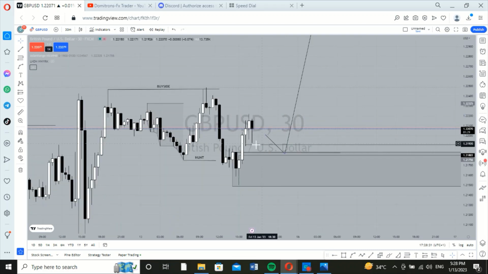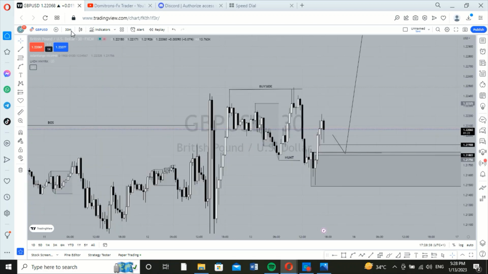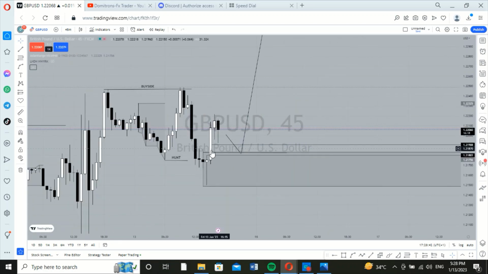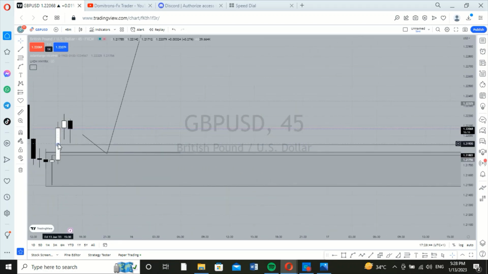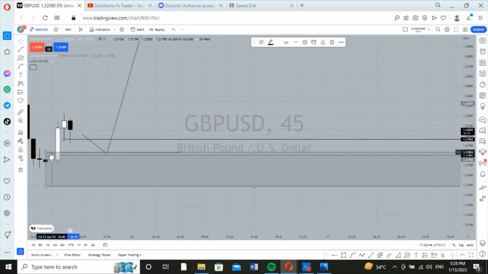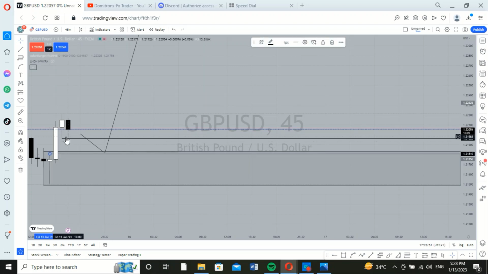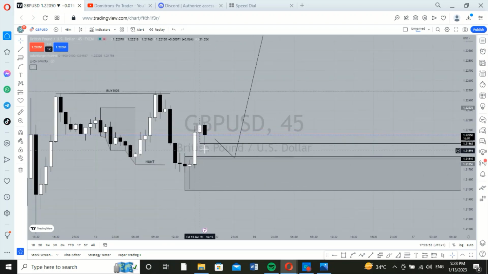So since we did not see the market get triggered or trade lower to this area to take out the sell side liquidity pool, I could ignore that and let it pass by, right? So right here, we would say it kind of trades into a fair value gap, right? From these two candles, we traded lower.